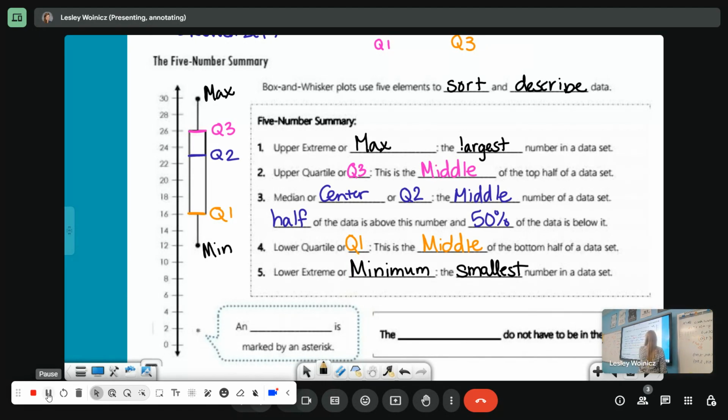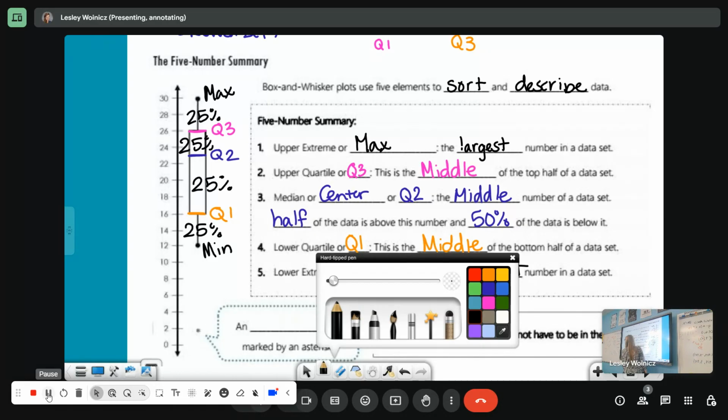Okay, so one more reminder. We have 25% here, 25% here, here, and here. Okay. What? Yes, an outlier. Good.